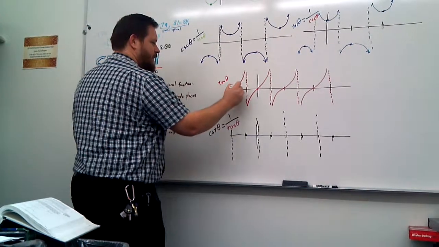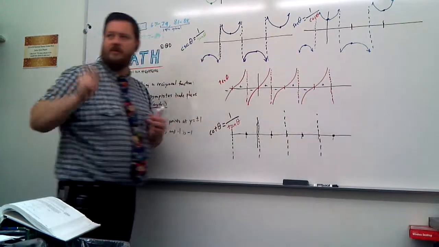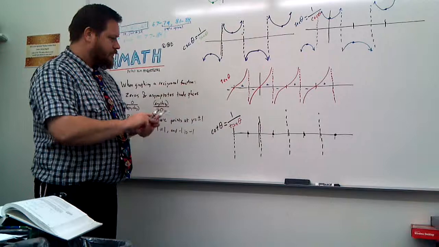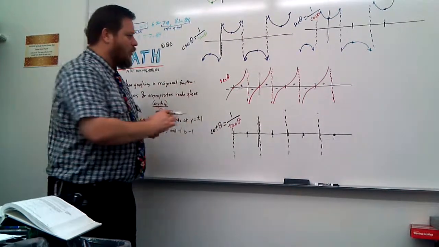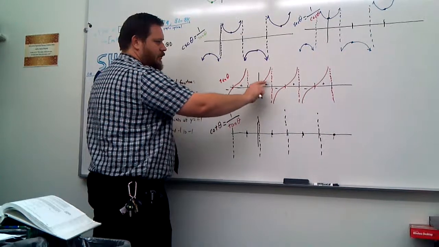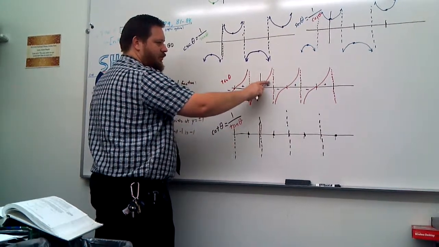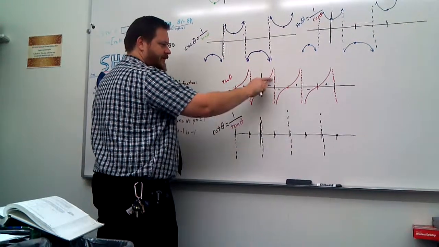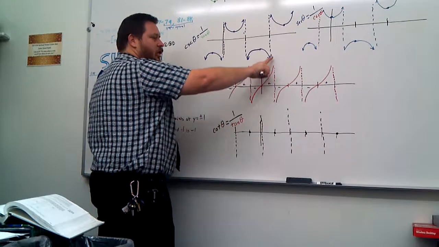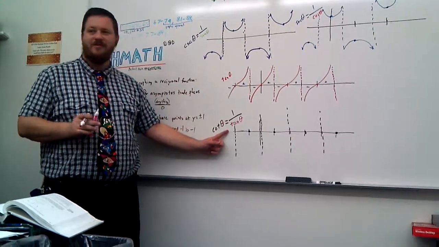Now, what happens? Let's go right here, as the function is approaching pi over 2, approaching this asymptote here. As tangent gets larger and larger towards infinity, what's going to happen to 1 over tangent?